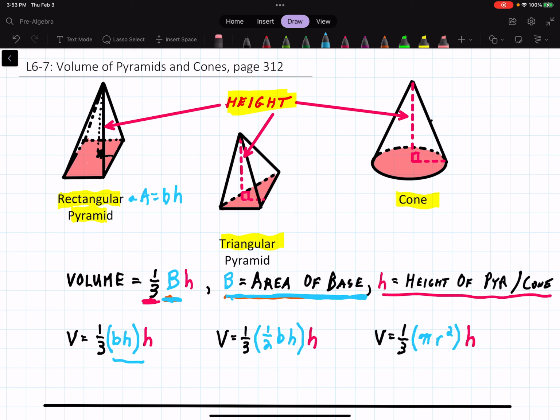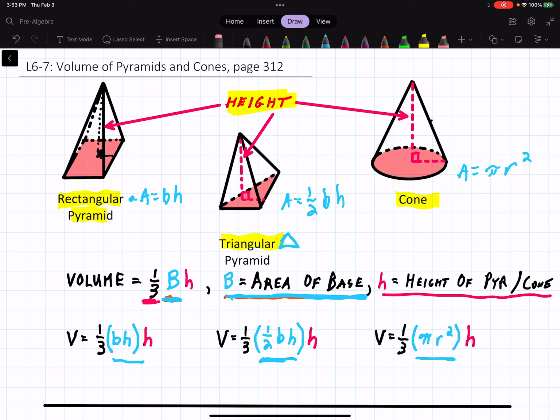For a triangular pyramid, we have the area of a triangle equal to 1/2 base times height, and you can see that we substituted that in the formula. And for a cone, we have a circle, and the area of a circle is pi r squared, and we substituted that in down here.